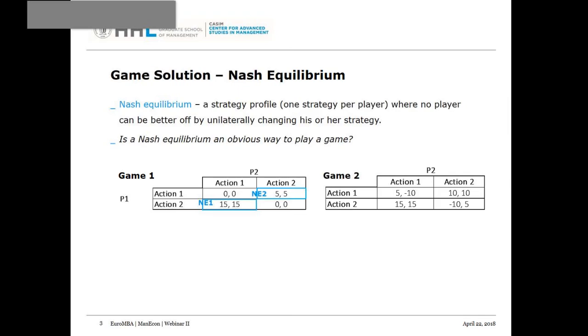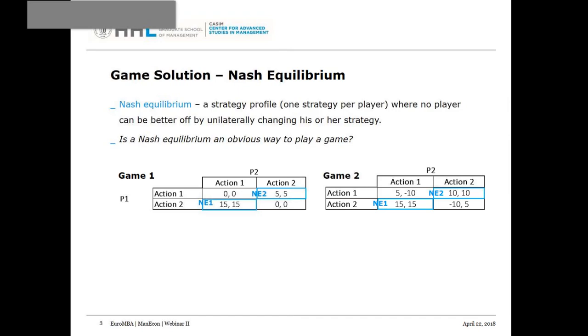However, if I change the game a bit, looking at game 2, again we have 2 Nash equilibria that you can convince yourself are in fact satisfying the definition. Now the situation is changing a bit, because again one of the Nash equilibria is Pareto superior, so they both get 15 units of payoff. But here the coordination is not that obvious.